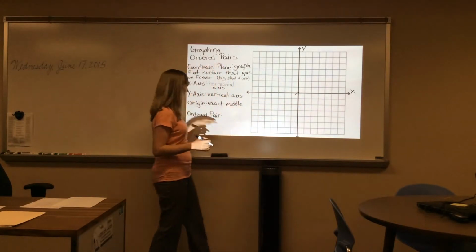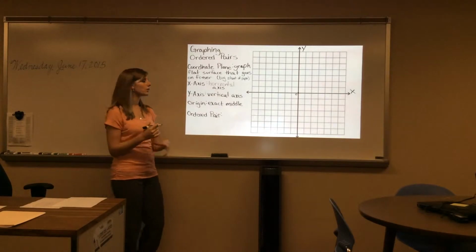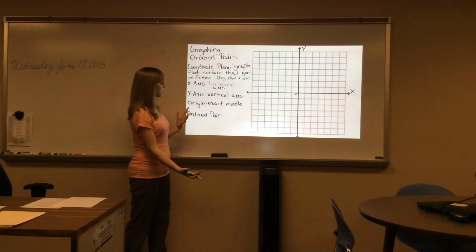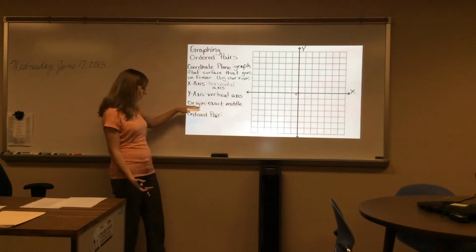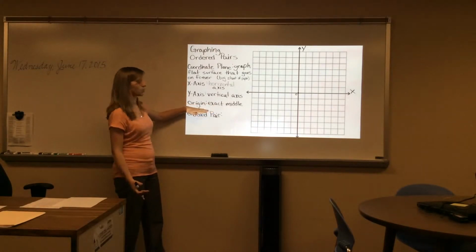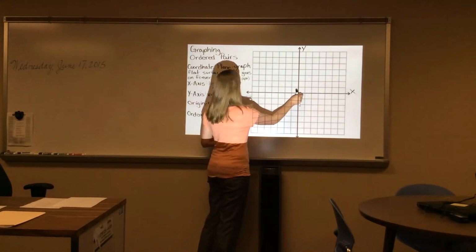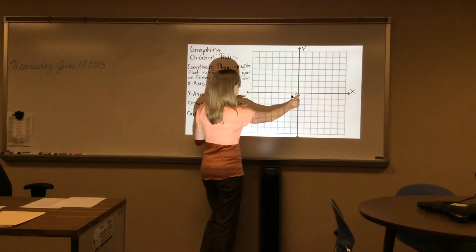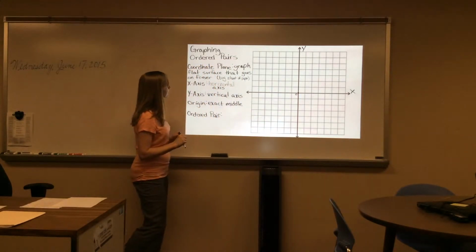Think of the origin like when you're defining a word, or even with people, we'll say that they originated from, or they came from, they started at. Origin means start. So our origin, the exact middle, is where we are going to start when we graph our ordered pairs. That's always our starting point.